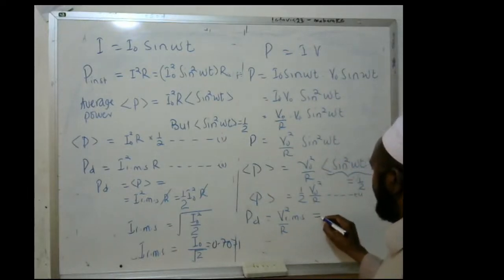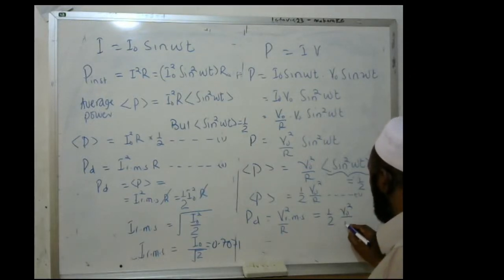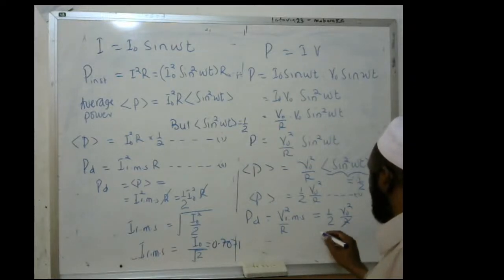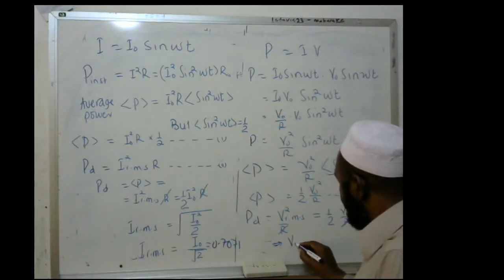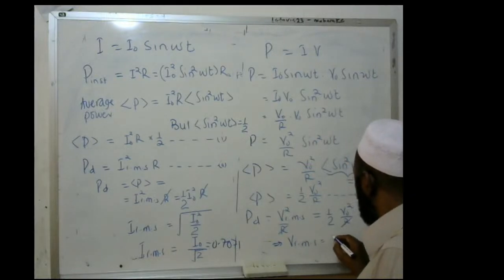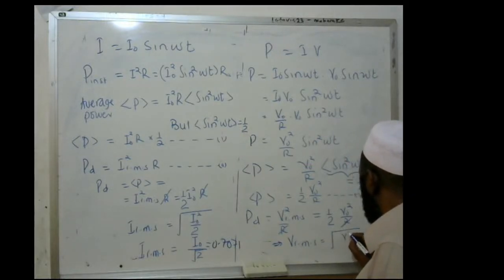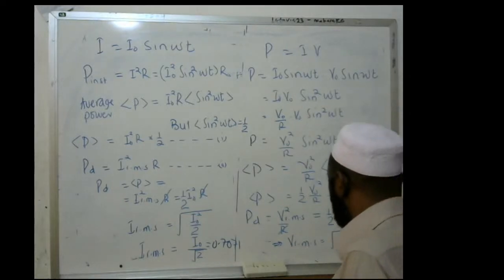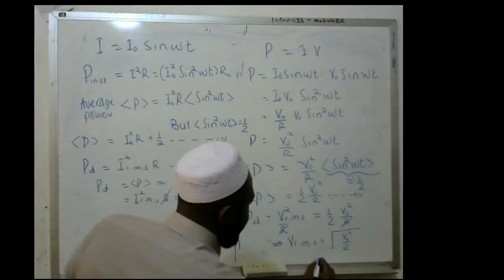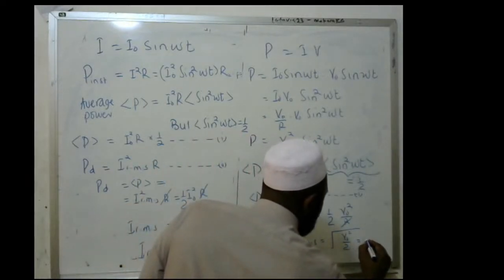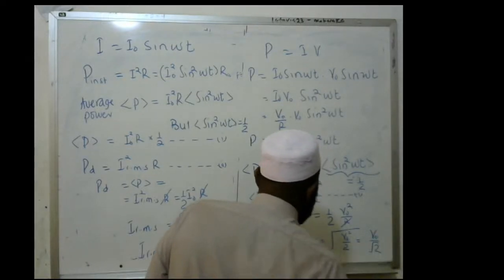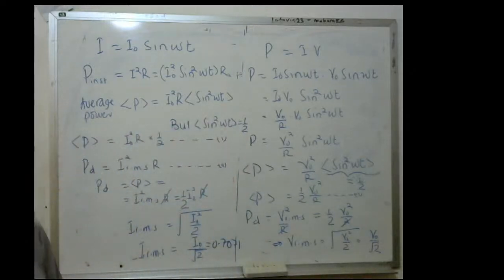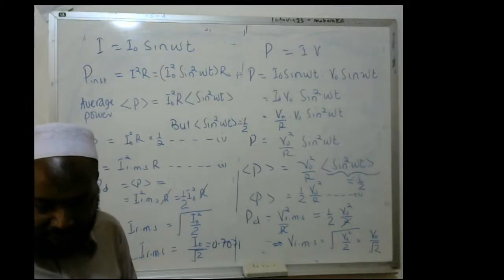So it is now going to be equal to a half V naught squared over R. So the R and the half would go, and then we end up having, implying, V RMS is equal to the root of V naught squared over 2. So finally the expression turns out to be V naught over root 2. So that will be the expression for the root mean square value of the alternating voltage.